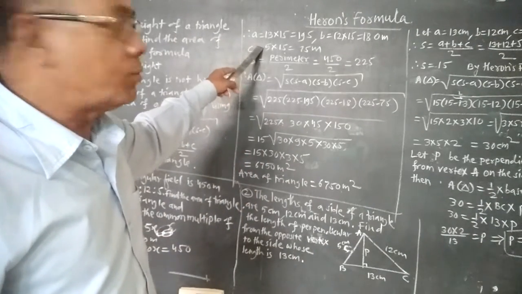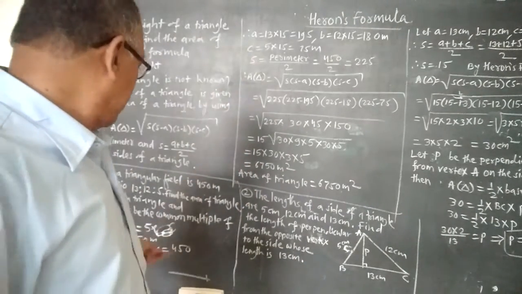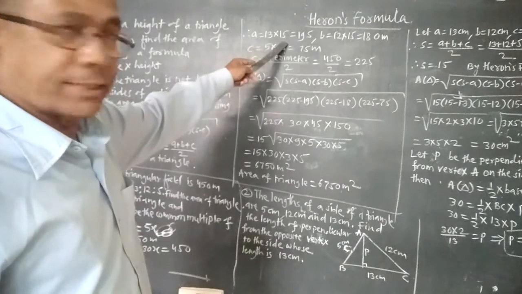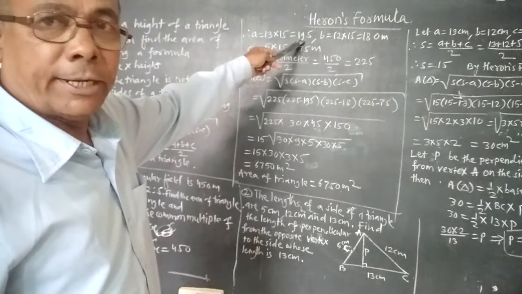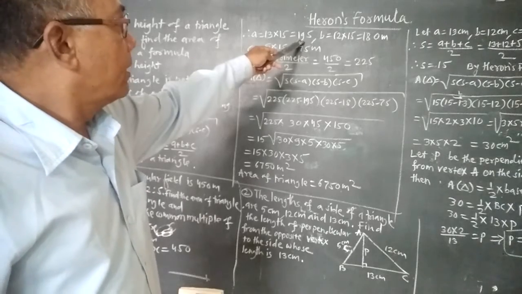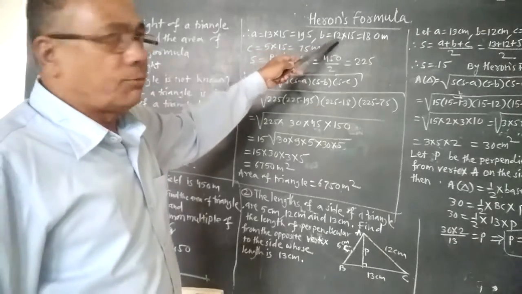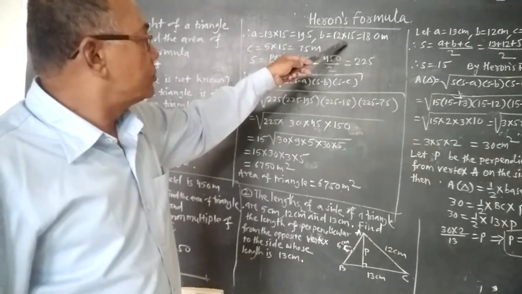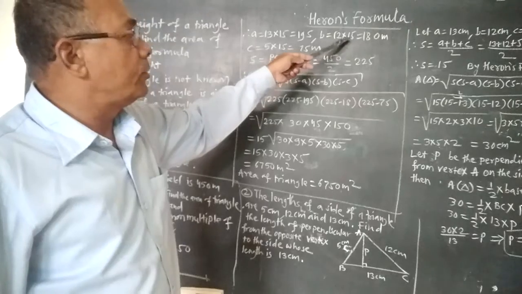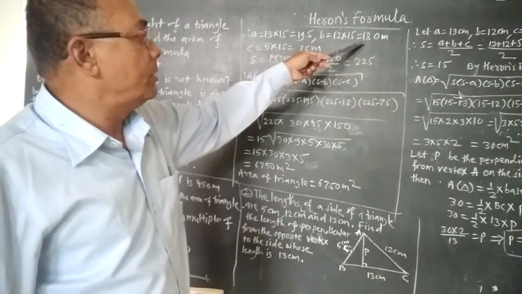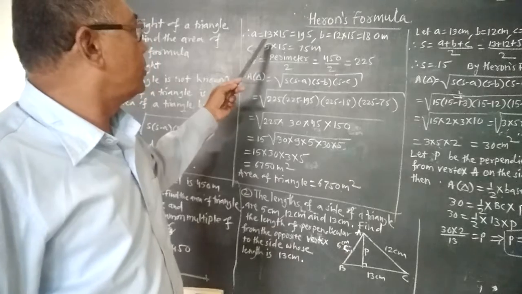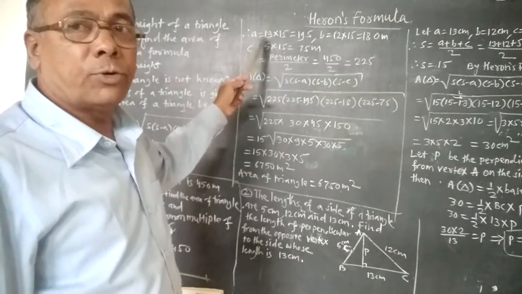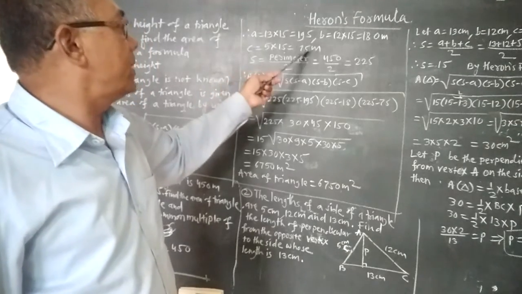A is equal to, it is given 13x, that is 13 into 15, and that is equal to 195. B is 12x, so B is equal to 12 into 15, it will be 180 meter. Then C is equal to 5x, so 5 into 15, it will be 75 meter.